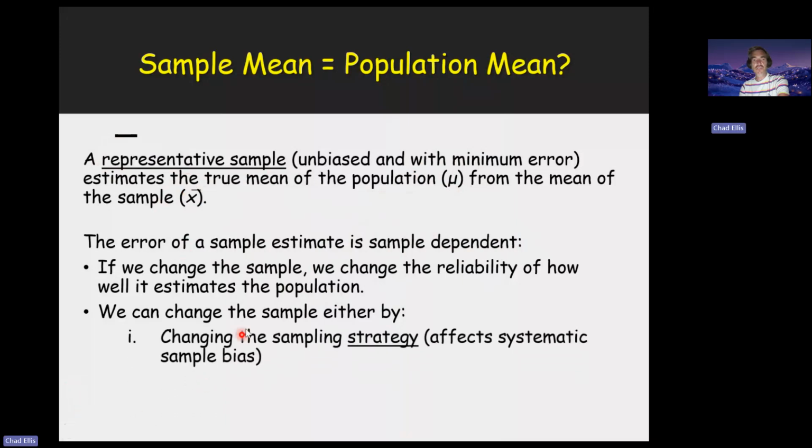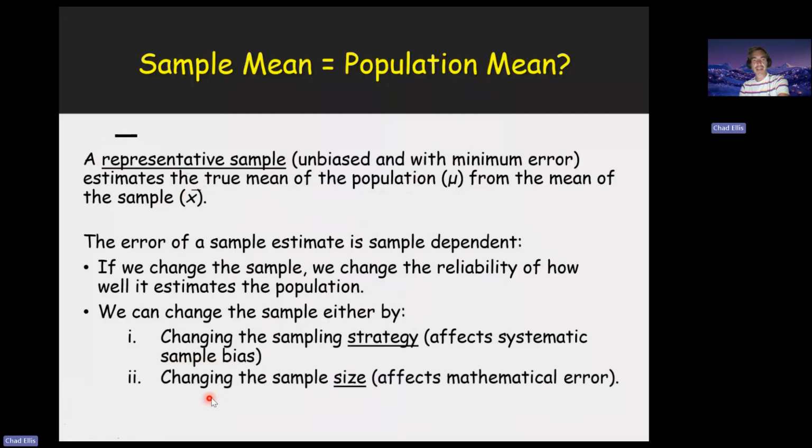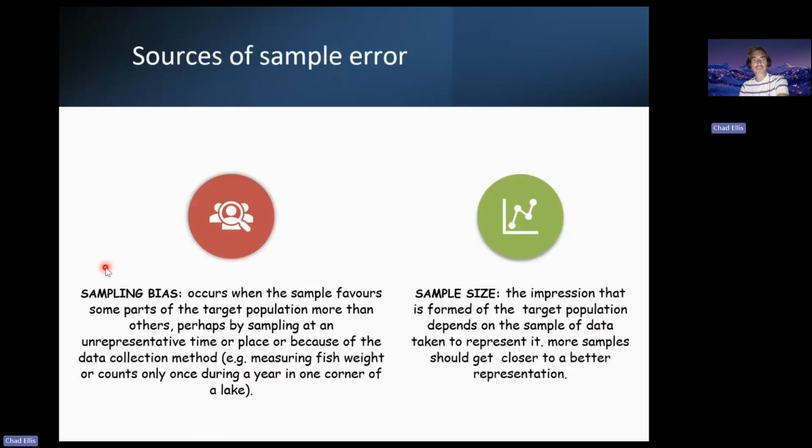We can also try to reduce error by changing the sampling strategy. This affects something known as systematic sampling bias, which we'll talk about in a bit. And like I said, we can also change the sample size. Generally, as we increase our sample size, we reduce the mathematical error between our sample mean and our population mean.